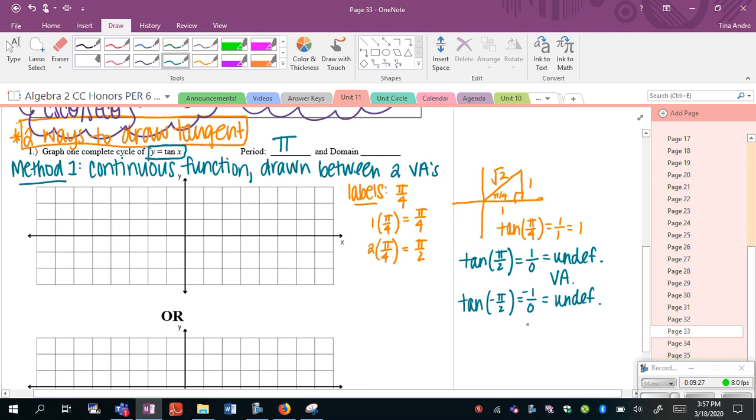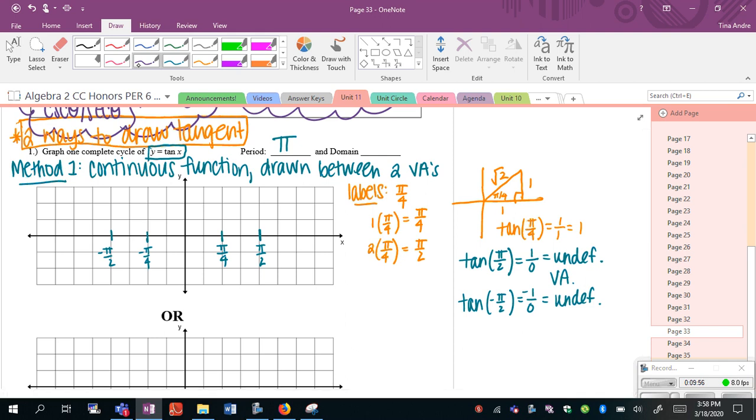So I'm going to draw this graph between those. So when I do this, let's go by 2's here, just to make sure we can fit everything. So this is going to be pi over 4. This value is going to be pi over 2. This is going to be negative pi over 4. And then negative pi over 2. So the only other value I need to find here is tangent of negative pi over 4.